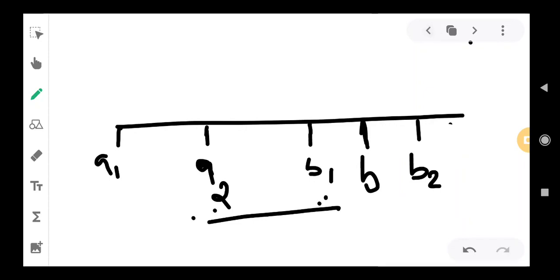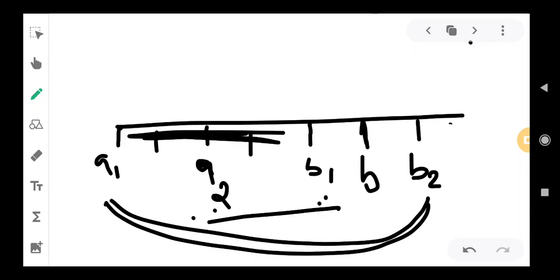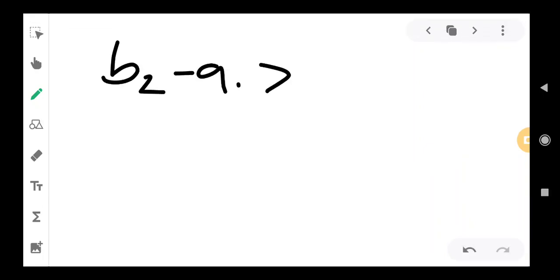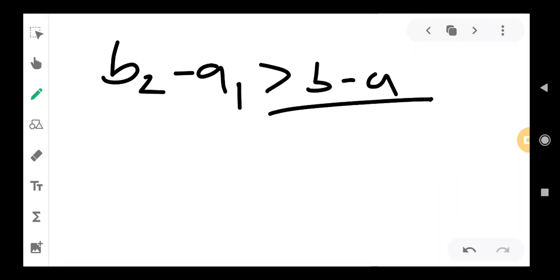So what is B2 minus A1? When we look at this, A is somewhere here, or here, or here. So B2 minus A1 will be greater than B minus A. So what we got is that the summation of the lengths of Ik, k equal to 1 to n, is greater than B minus A. We continue in this way.